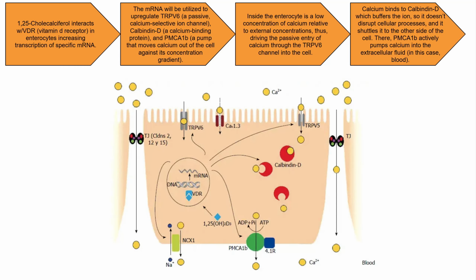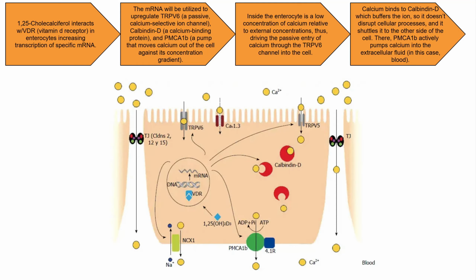125 cholecalciferol interacts with VDR, which is the vitamin D receptor in enterocytes, increasing transcription of specific mRNA. The mRNA will be utilized to upregulate TRPV6, which is a passive calcium selective ion channel, calbindin D, which is a calcium binding protein, and PMCA1B, which is a pump that moves calcium out of the cell against its concentration gradient.